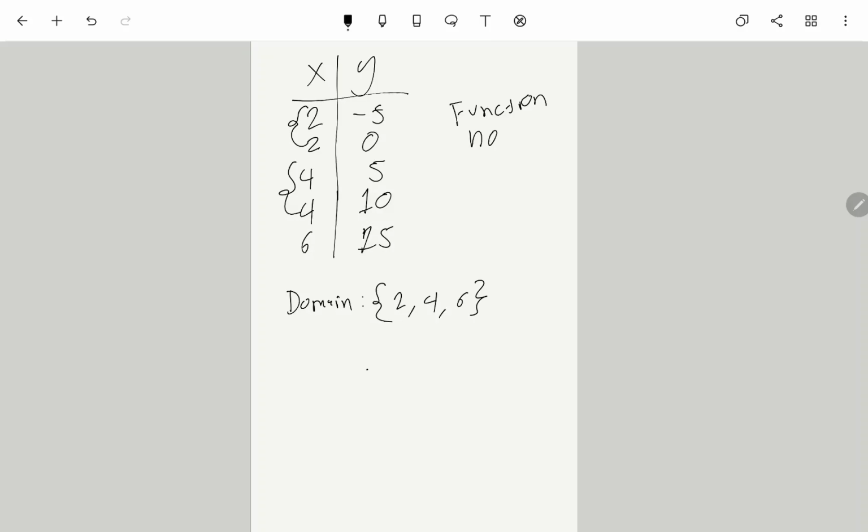Don't put 2, 2, 4, 4, 6. Just put 2, 4, and 6. Now your range is -5, 0, 5, 10, 15.